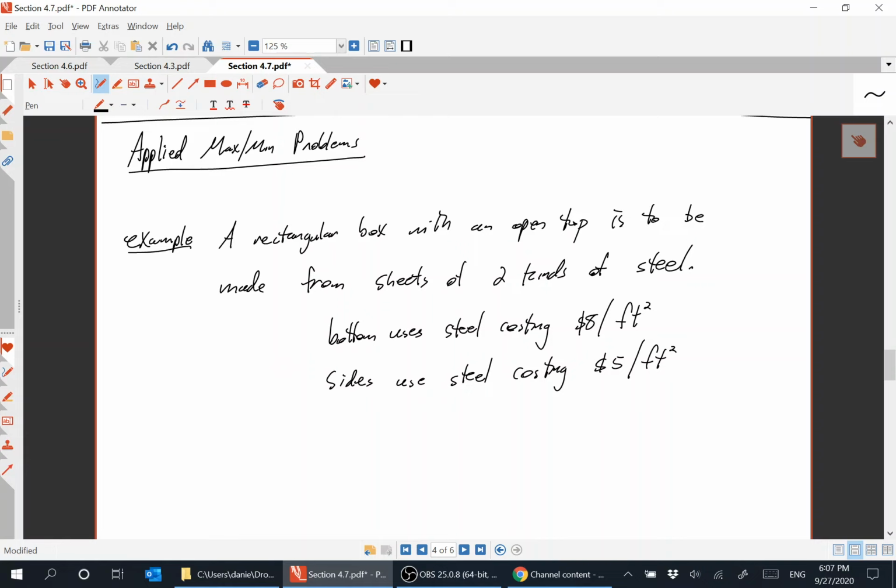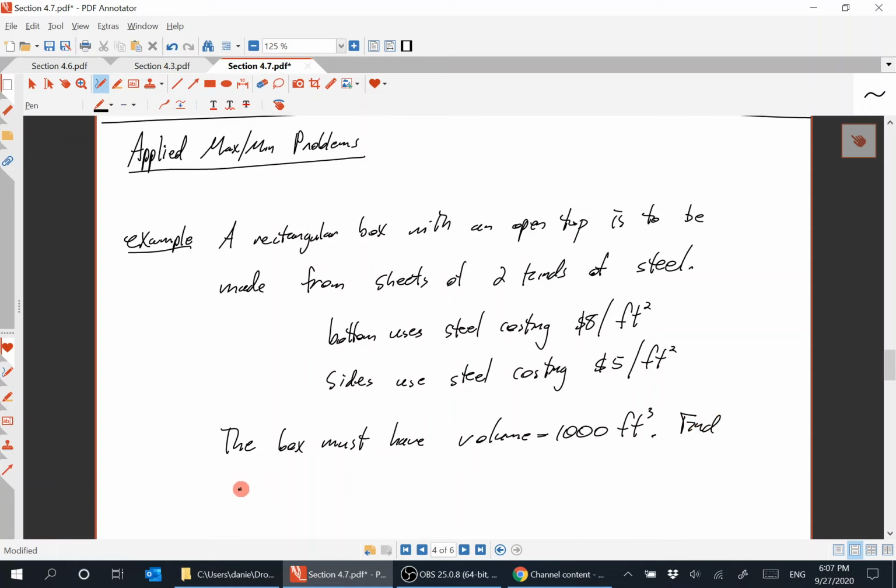Oh, so the box is supposed to have volume equal to 1,000 cubic feet, sorry. 1,000 cubic feet.